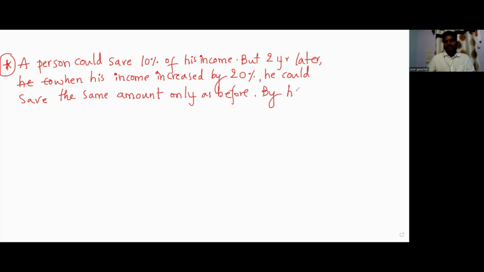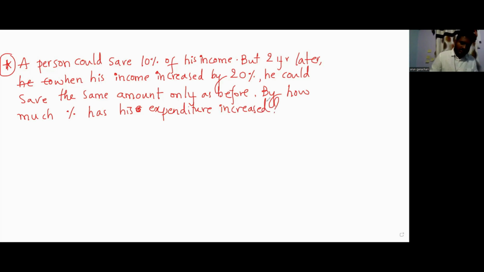By how much percentage had his expenditure increased? Try this.